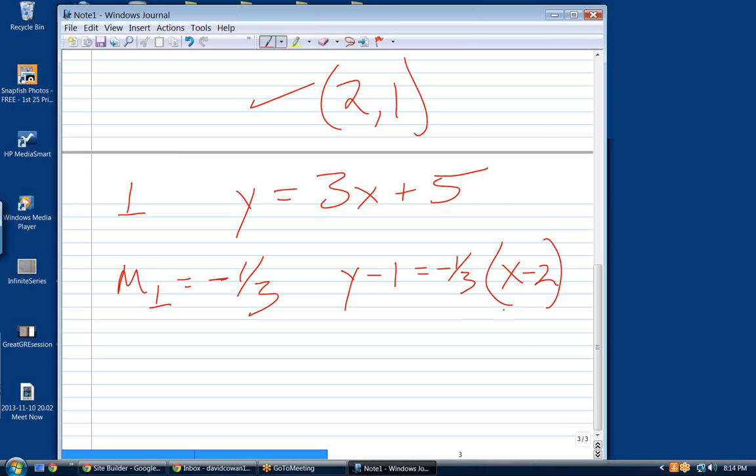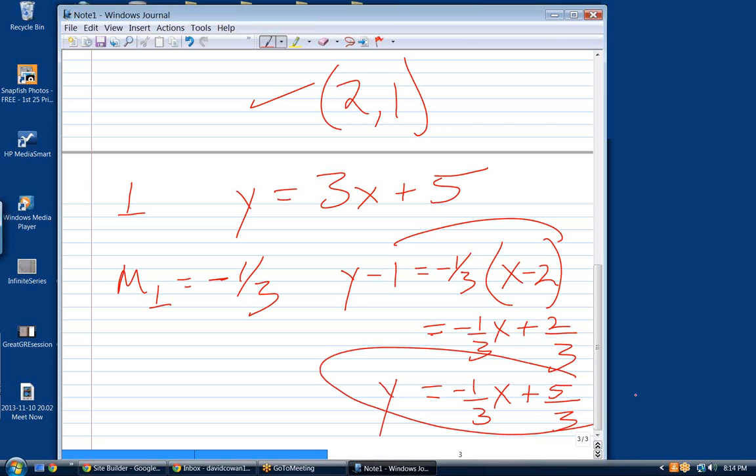And then once again, if we want to get that in y equals mx plus b format, we have to distribute the third, move the 1 over, and there's your answer in mx plus b format.